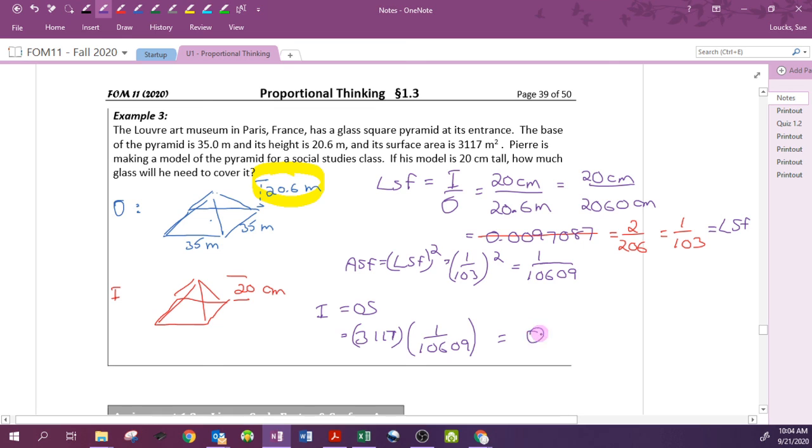My calculator tells me that's 0.2938 meters squared. Yes, because this number was in meters squared, and I'm multiplying it by a number, I still get meters squared.